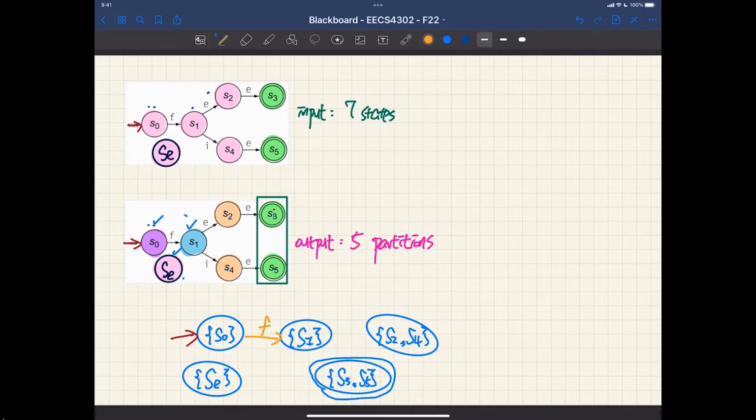S1 goes to S2 by just E. S2 goes to S3 by E. And also S1 goes to S4 by I. And also S4 to S5 by E. Oh, that one's done already. You don't need to repeat. All right? And then what about everything else? They will go to error states implicitly.